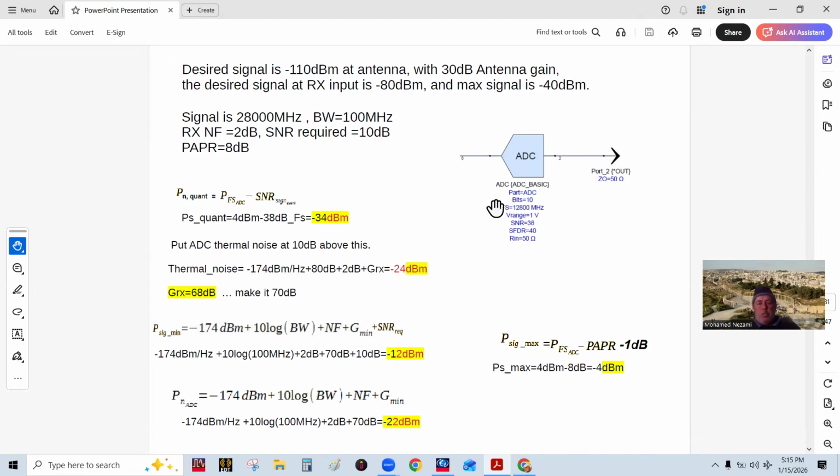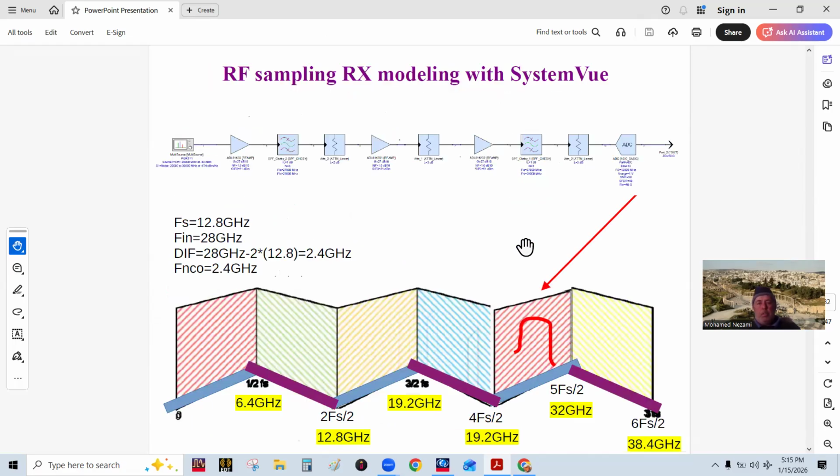Okay, and the full scale is plus 4 dBm, and we have to back off from that. Let's say the peak to average ratio is 8. We have to back off to minus 4 dBm. So minus 4 to minus 34, that's 30 dB of dynamic range only on this.